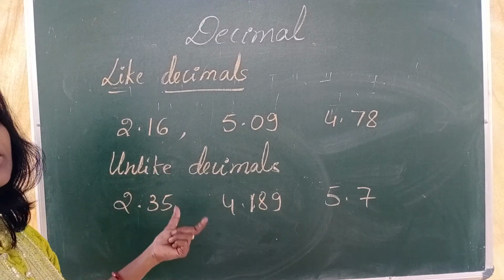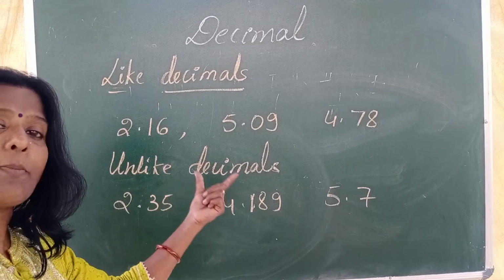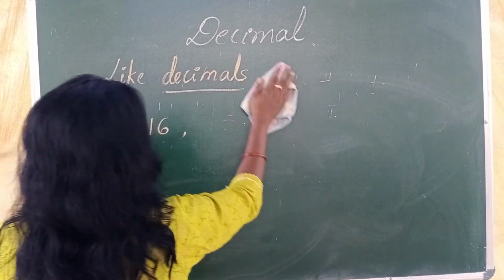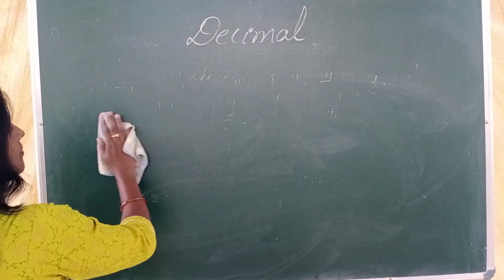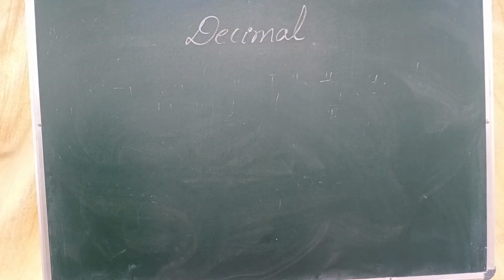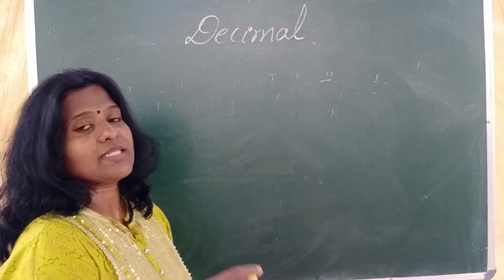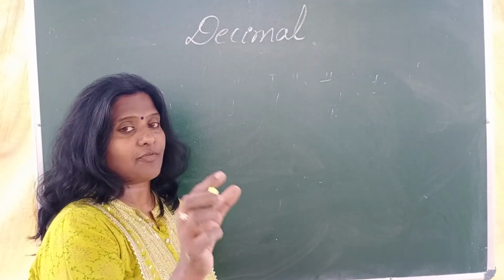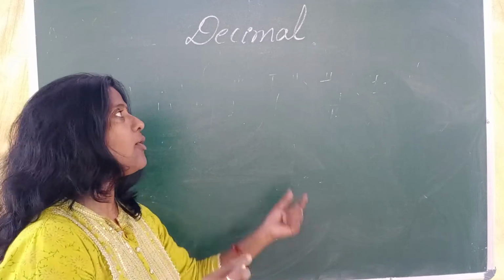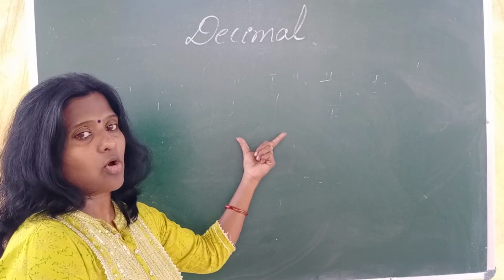Then addition and subtraction of decimals. How to add decimals? As I have told you in fractions, if you want to add or subtract, compulsorily you have to make the same denominator.